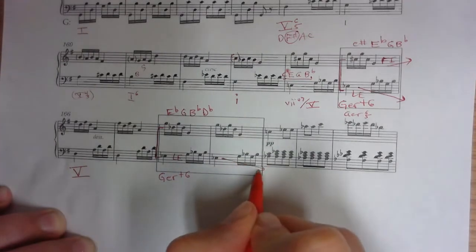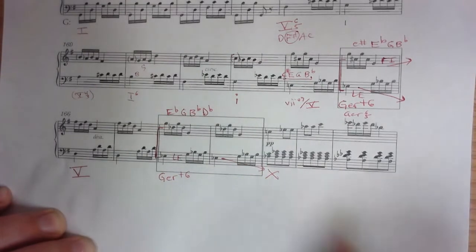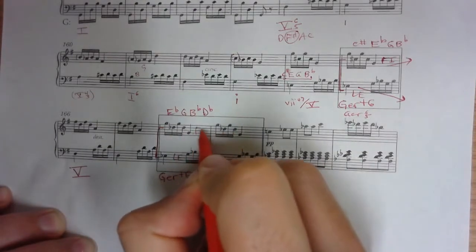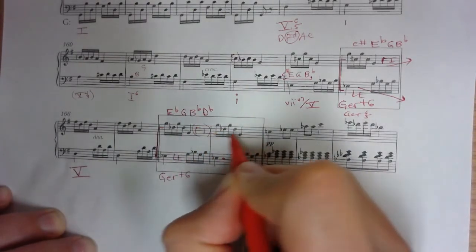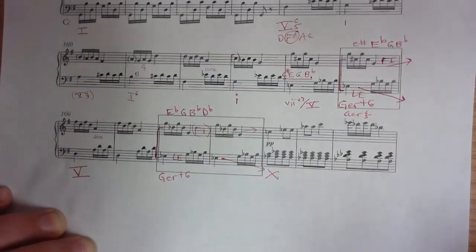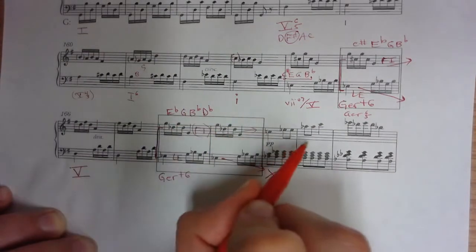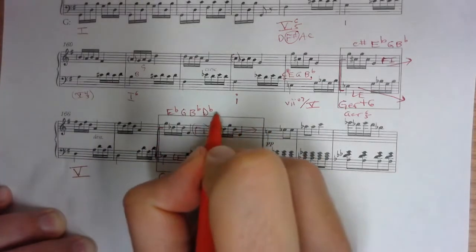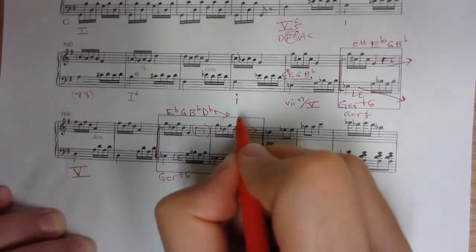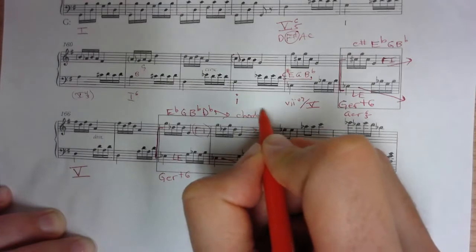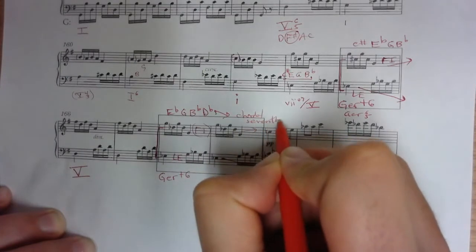Notice, le does not pull down to sol. Fi does not pull up. In fact, this D flat goes how? Down. This D flat goes down because it's the chordal seventh.